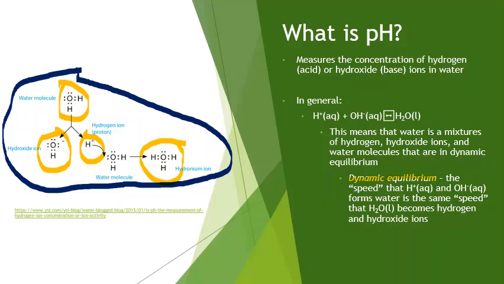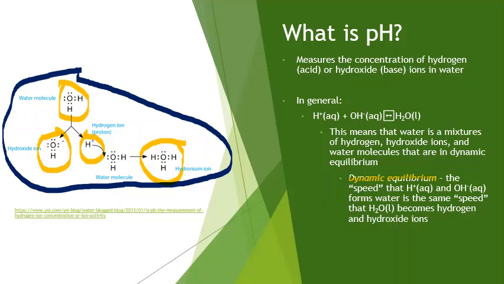dynamic equilibrium. So essentially what that means is that when you have all three, or all four rather, of these molecules, they're all kind of switching back and forth at the same time. The water is breaking apart. One of those hydrogen ions or atoms is breaking apart. That forms the hydroxide and the hydrogen atom.